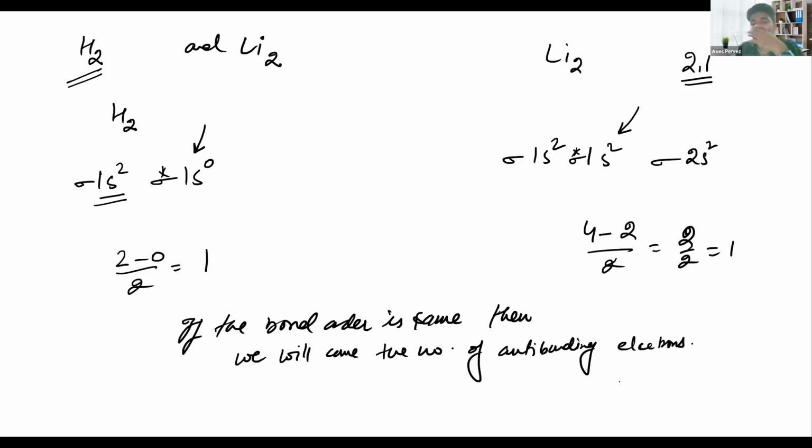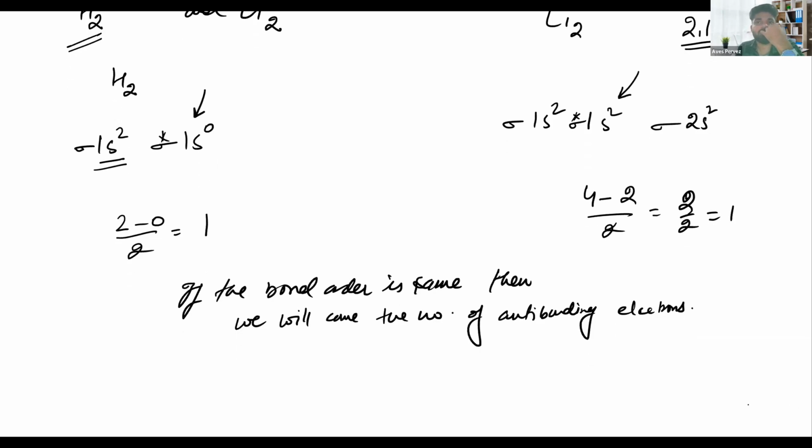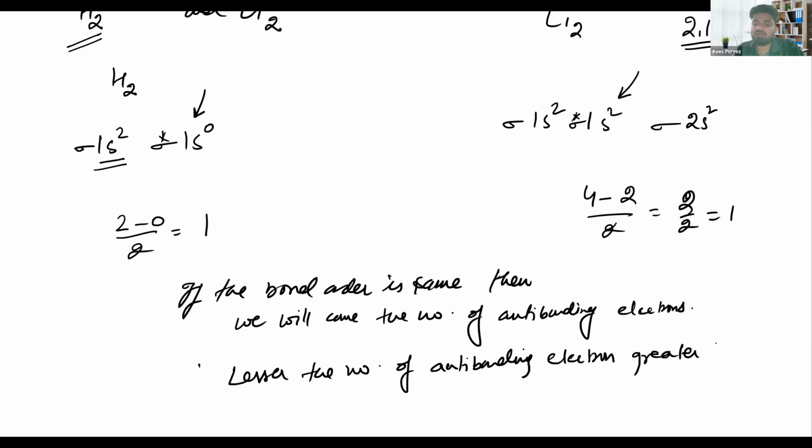Got it? So the lesser the number of anti-bonding electrons, the greater is the stability. Understood?